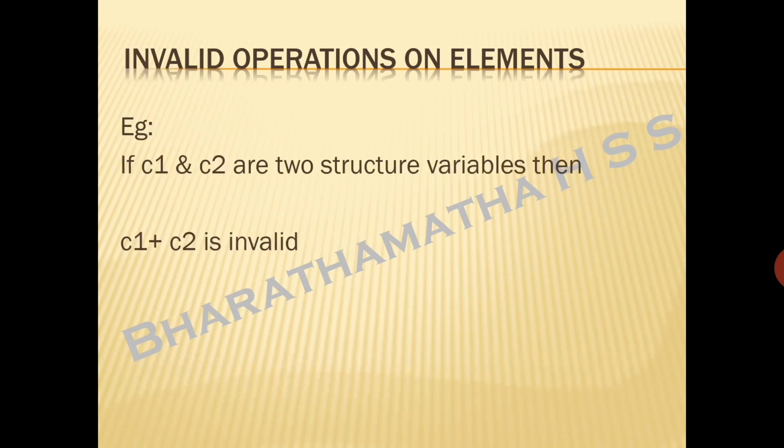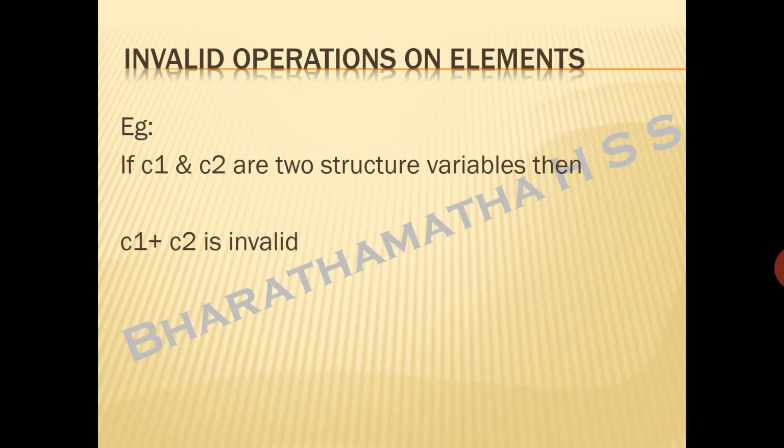So some invalid operations. If C1 and C2 are two structure variables, then C1 + C2 is invalid. Why is it so? See, C1 belongs to one structure and C2 belongs to another structure. When you have two different structures, you cannot add both the structure variable names. That is not allowed in C++.